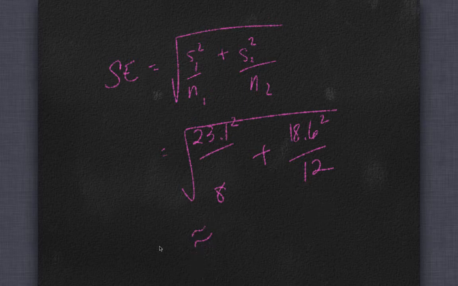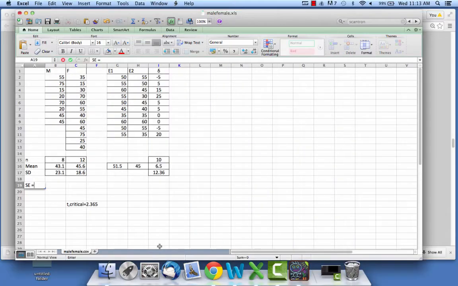So this is approximately, and now I'm going to just put it into here because I'm already in here, the square root of 23.1 squared divided by 8 plus 18.6 squared divided by 12.